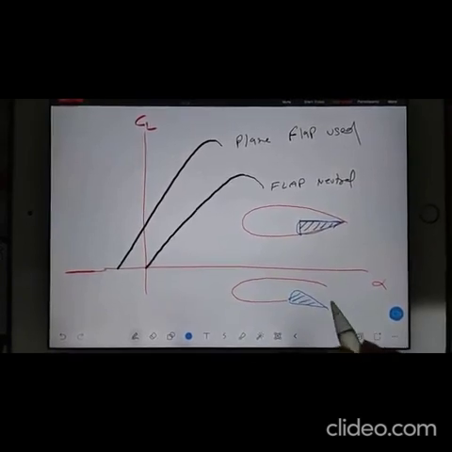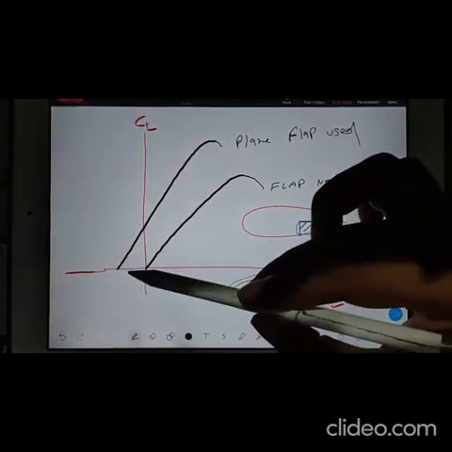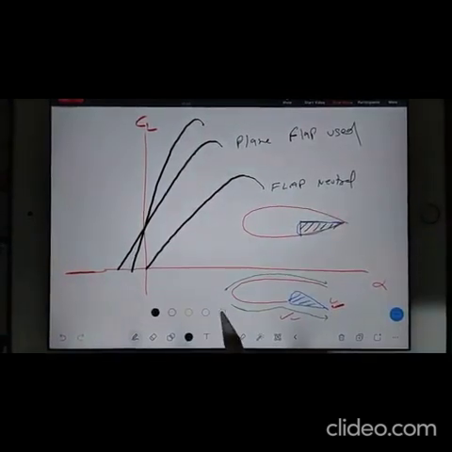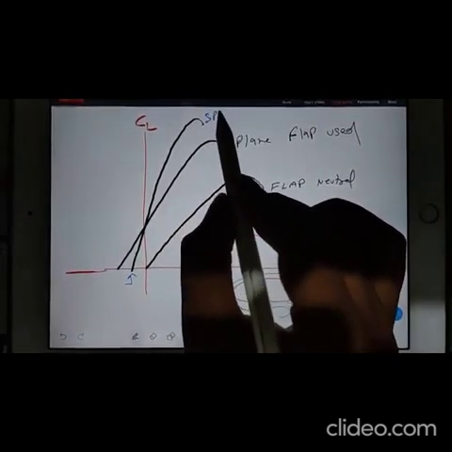Like this kind of flap. So you see, the upper surface is not being disturbed, and from the bottom surface also we are getting help. It means in this flap, lift increases very fast and we get more extra CL max value. It means it goes like this. So it starts from here, right, here is split flap.